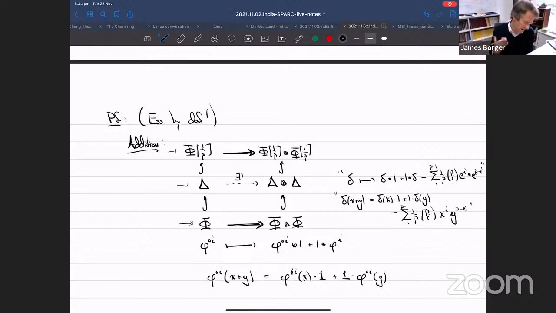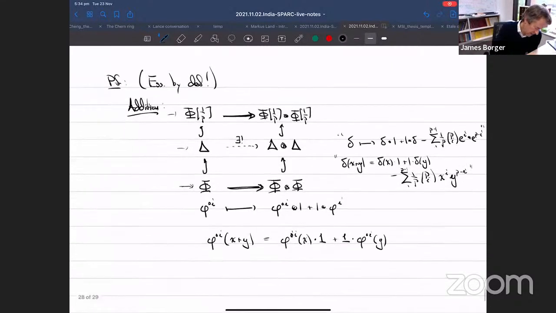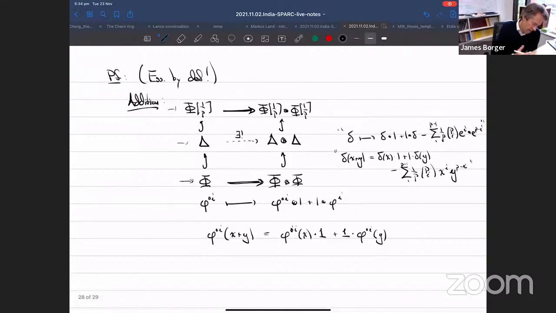So maybe if I wanted a more kind of formal approach to Leibniz rules and things like this, I would have talked about these co-operations. Okay, but then the addition structure on these Witt vectors is given by exactly this.